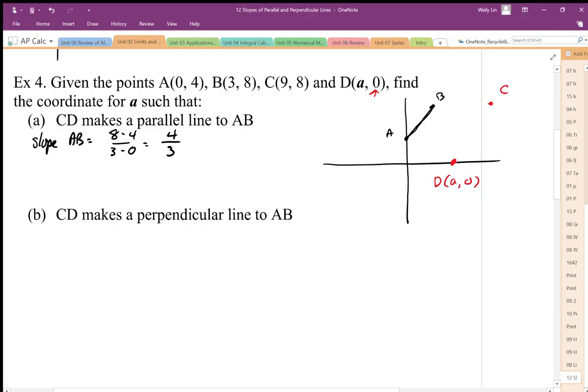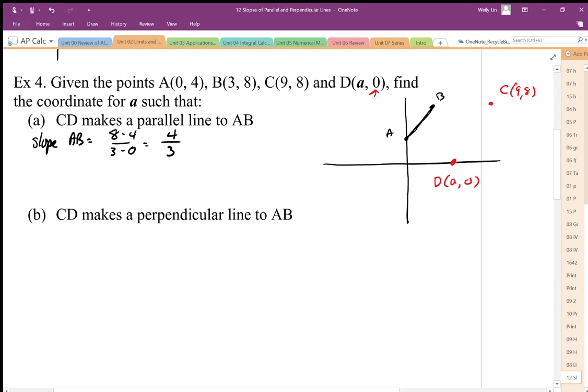Now, I can't just go 4 down, 3 across, because this point C is at (9, 8). Although the numbers do work out kind of nicely, and I could go maybe 8 down and 6 backwards.